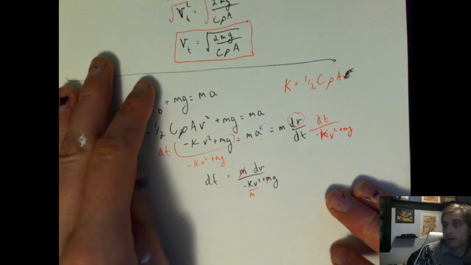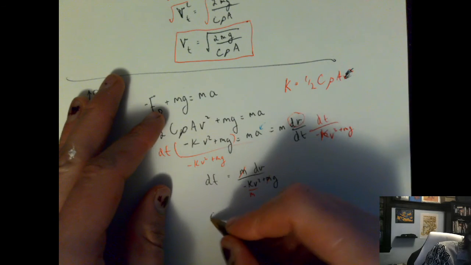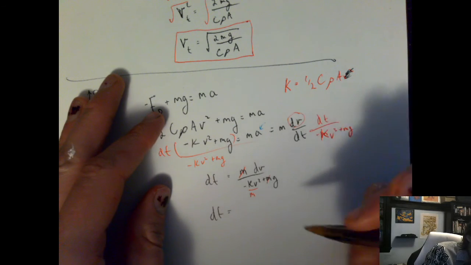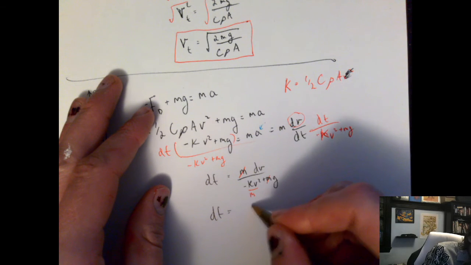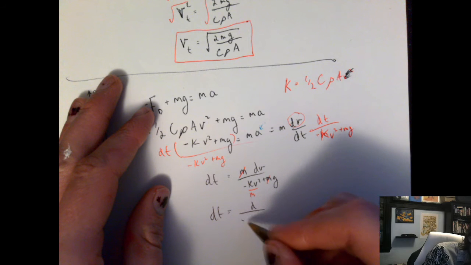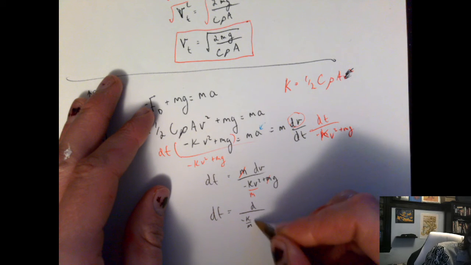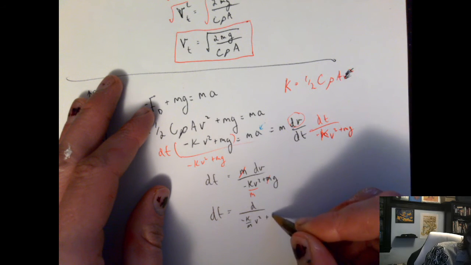And so what we'll wind up with is that dt is equal to dv divided by negative k over m v squared plus g.